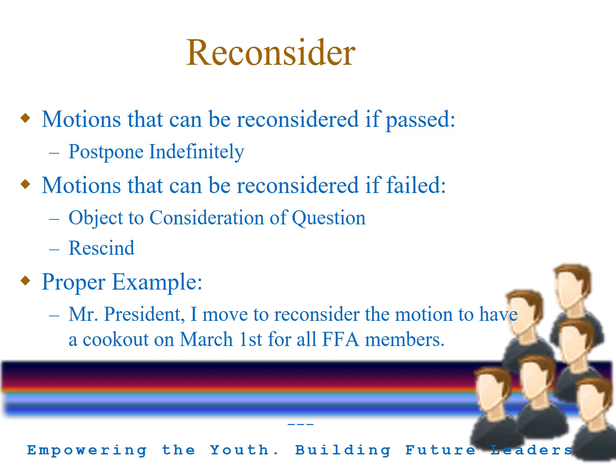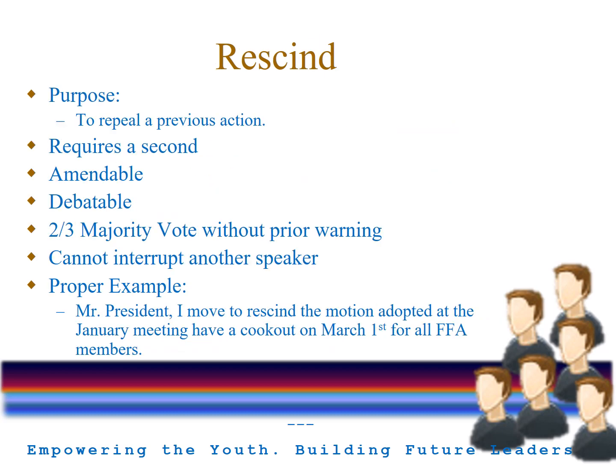An example in here: Mr. President, I move to reconsider the motion to have a cookout on March 1st for all FFA members. To rescind is to repeal a previous action. This requires a second. This is amendable and debatable. This requires two-thirds majority vote without prior warning.